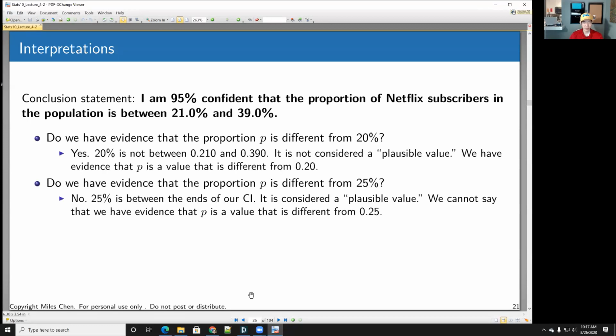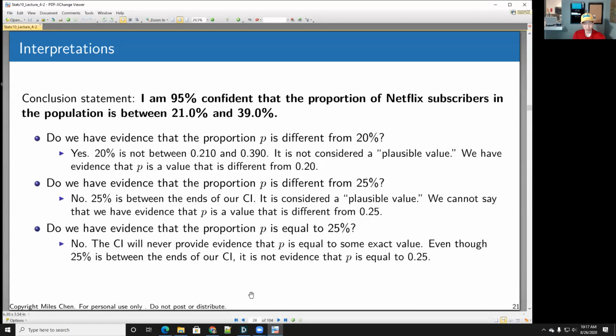I think we've already gone through these interpretations, but remember what we're trying to do: we're trying to make a conclusion about the population, which is this big entity that we're not able to observe directly.